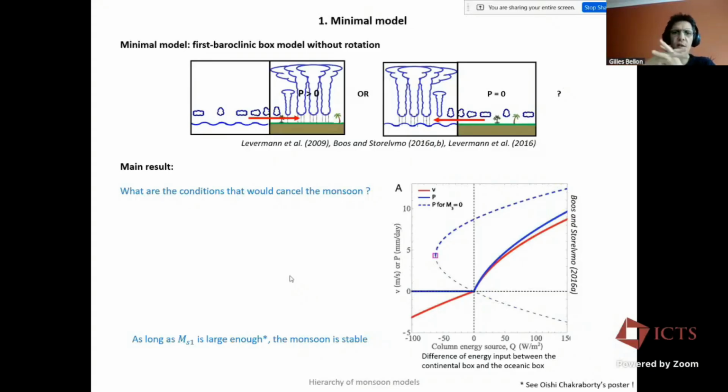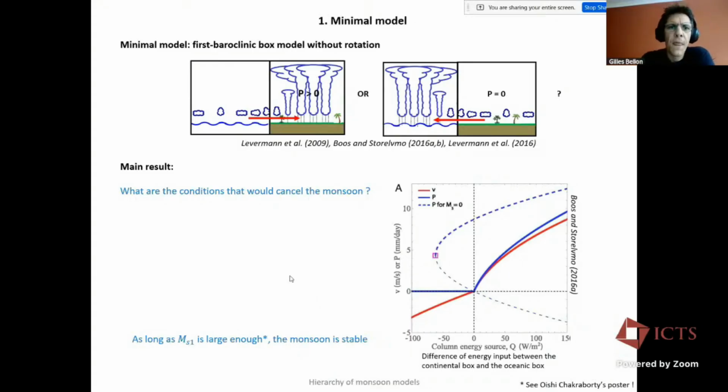And there was a paper by Boos and Storelvmo to try to show that this wasn't quite the case. And it comes from the fact that in the paleoclimate record, there are cases when there was clearly a much weaker or almost no monsoon at all.